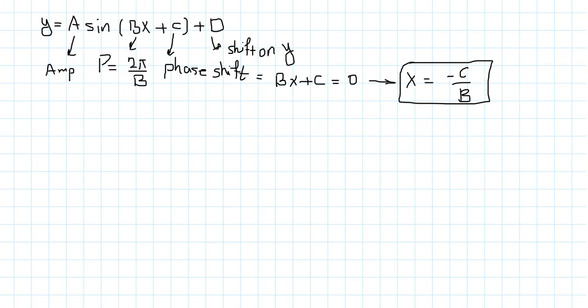Suppose that at first I know the whole shape of the graph of y equals sine x. It's better to understand this. The graph of y equals sine x is like this. For example, I want to draw between 0 and 2 pi.